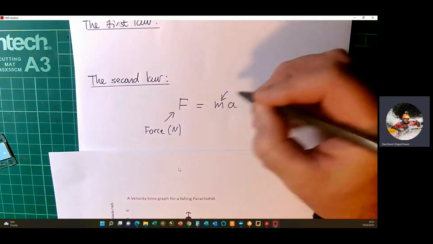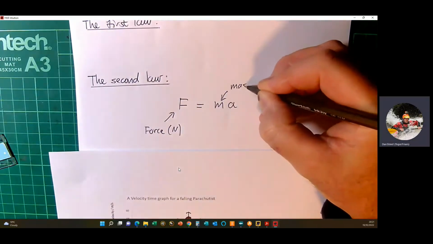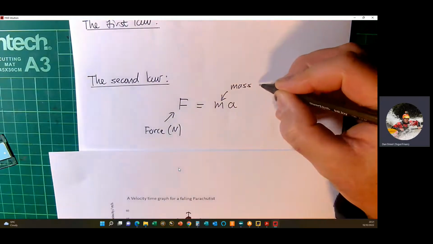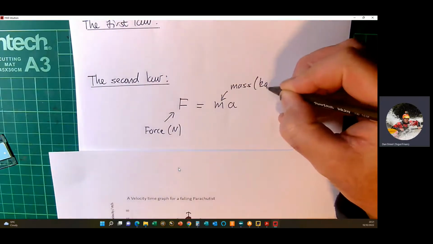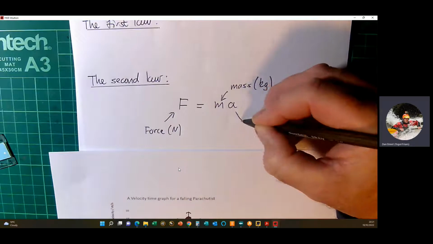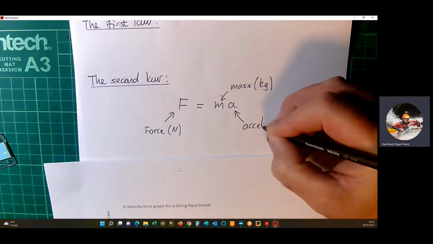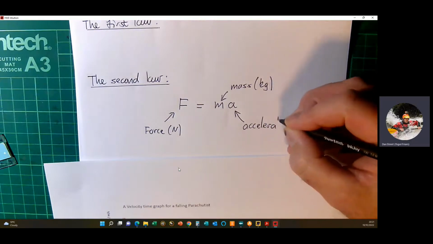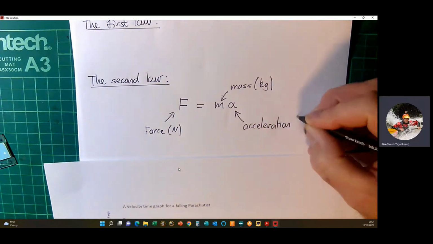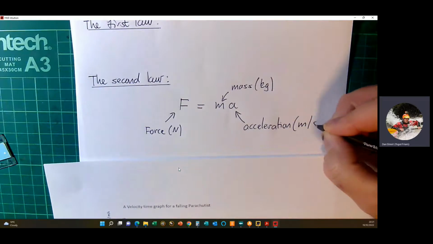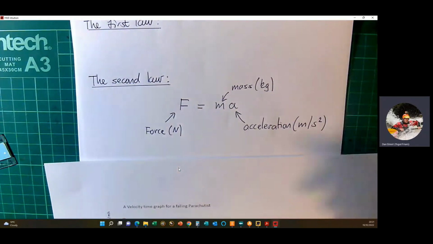This is mass, or the mass of whatever object we're talking about, and the mass is measured in kilograms, and acceleration is measured in meters per second per second. That's m/s squared.